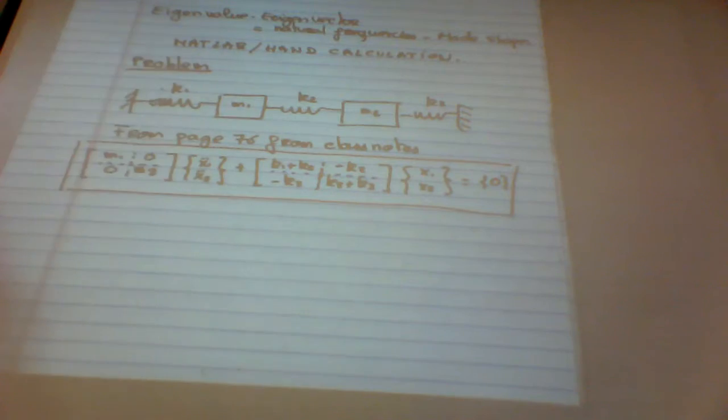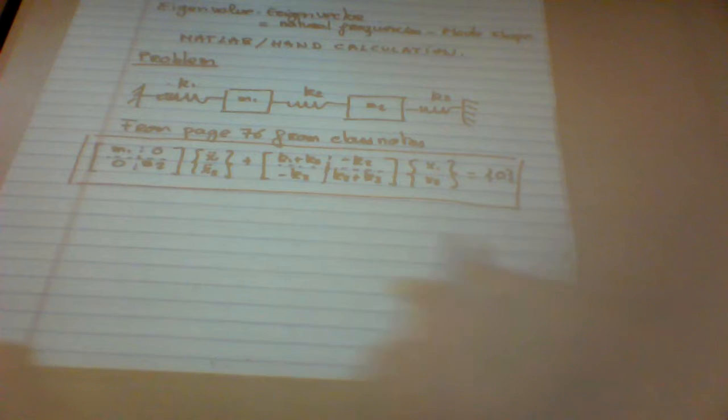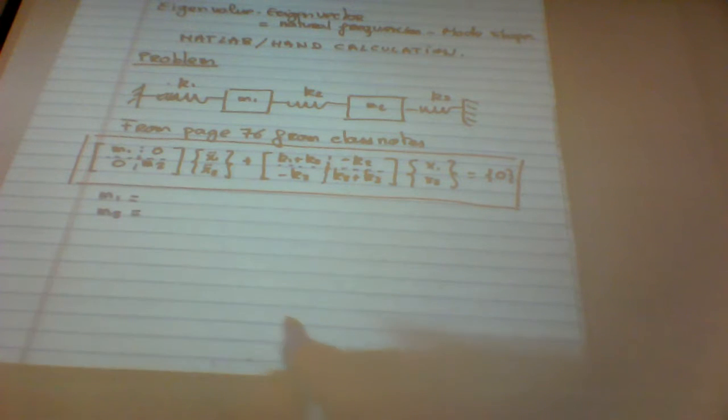All right, so let's go through the whole process once more, okay? And to find the eigenvalue and eigenvectors. So you assume the data. You want M1 and M2 to be equal to what? Well, last time I think M1 equal M2 equal to M. You want them both equal to M, or you want to change the masses?